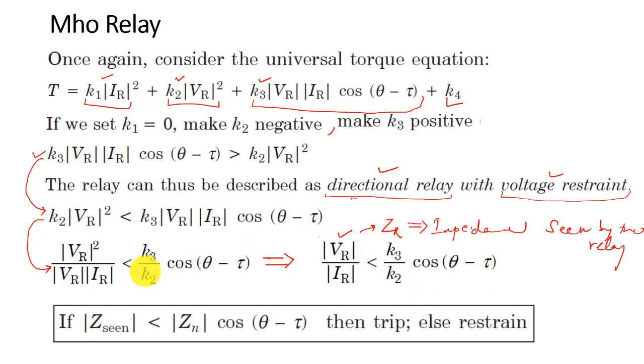I can write k3 by k2 as Zn, which is the setting of the relay. So the trip law for the Moore relay is: if Zr is less than Zn cos theta minus tau, then it will trip, else it will restrain.